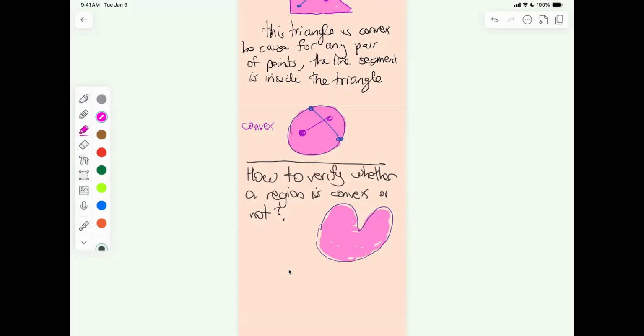But if you wanted to prove that something is convex, what you would say is, let's think, I'll put my axis here, that one point here is represented by a vector x1, and let's say that another point here is represented by a vector x2, right?